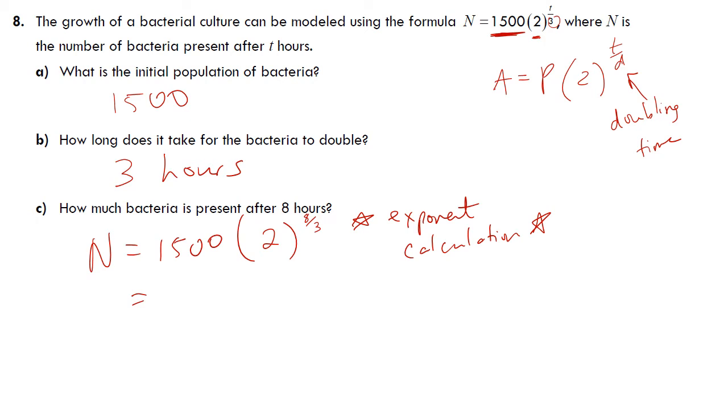So make sure you do 8 divided by 3 first, then write that number down, and then do 1,500 bracket 2 bracket to that decimal. So make sure you know how to do that. And then if you've done it correctly, you should get 9,524 bacteria. And again, do not forget for a word problem to do your therefore statements.